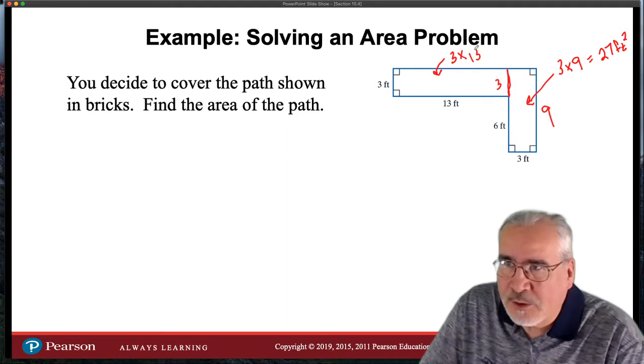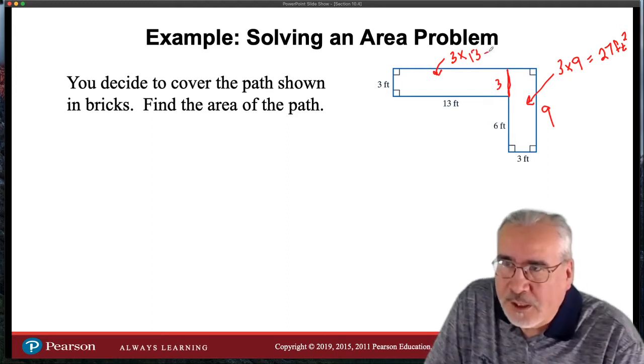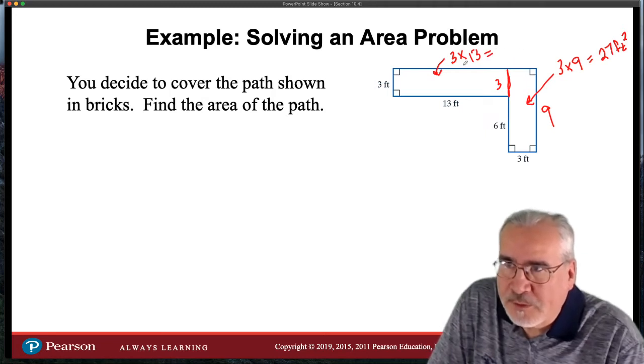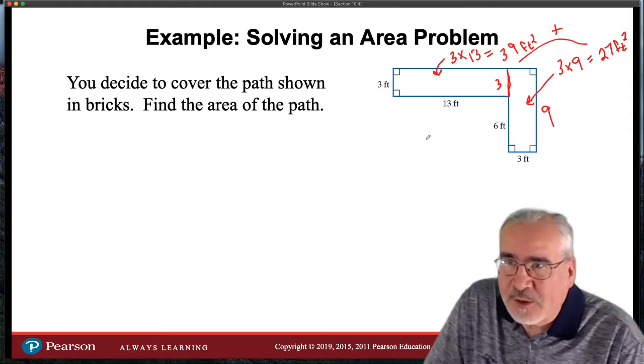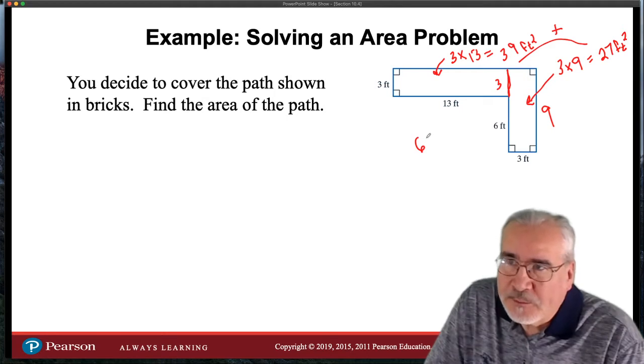And notice the order I do the multiplication doesn't matter, because multiplication is commutative. So 3 times 13 gives us 39 square feet. And then we add those two together, and our total area is going to be 66 feet squared.